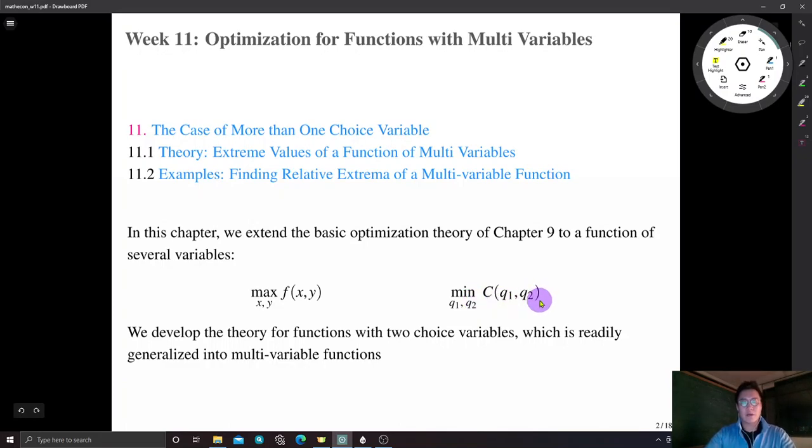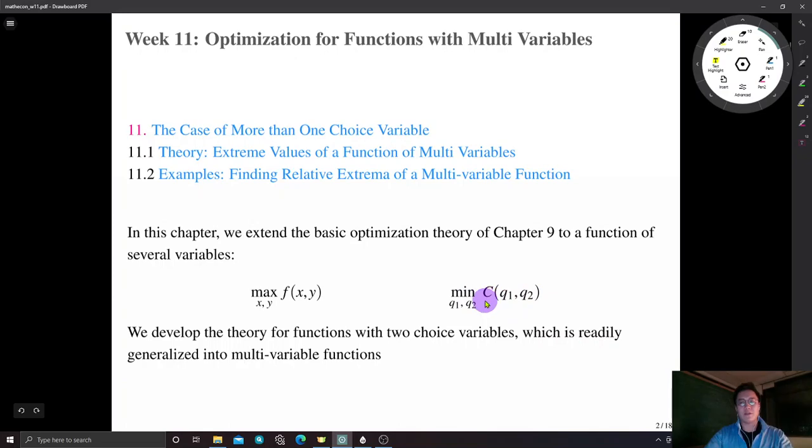So the related question can be written as: given a cost function, if the firm produces two different products, then the firm has to decide the output level of each product, say product one and product two. So the associated cost function will depend on two variables, okay?